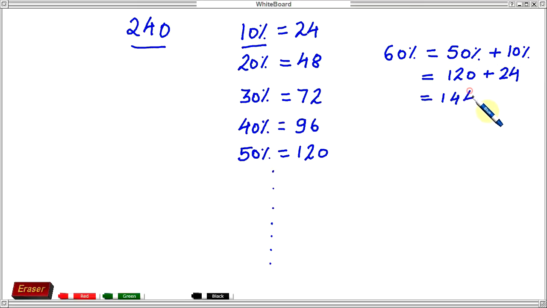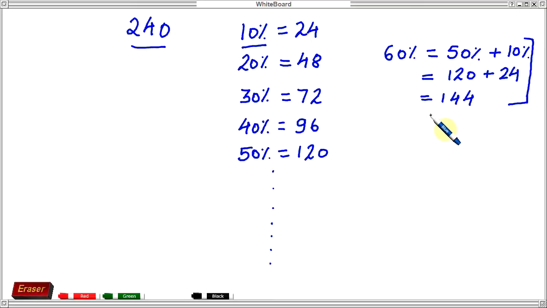Now, the beauty is all this will go inside my mind within a couple of seconds, because I can see 60% as 50% and 10% within a fraction of a second. 50%, I can see 120, half. 10%, 24, I can also see. Need not calculate anything over here. What I need to do is just add these two numbers, which can be done in a couple of seconds. So this will not take that much time. Maximum 5 to 6 seconds, I think. Because this anyway will be faster than 60 by 100 into 240.